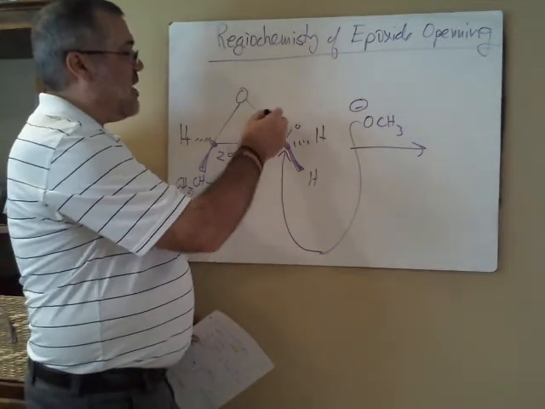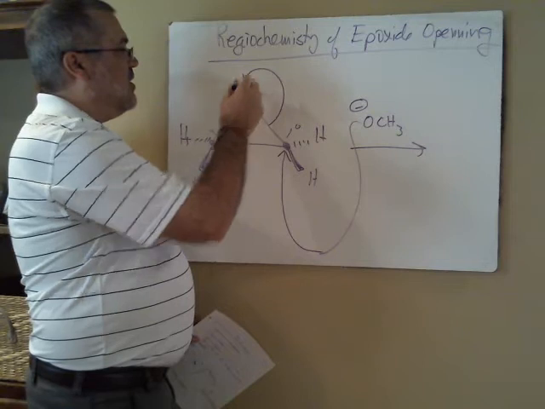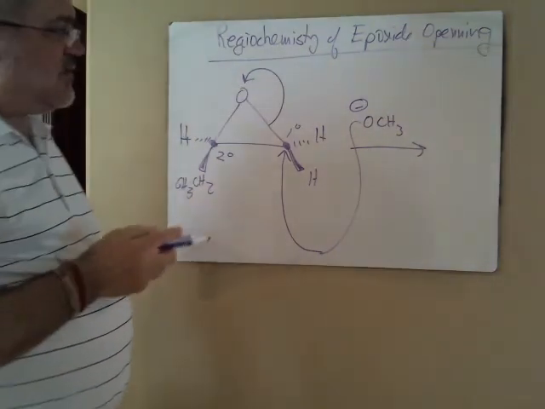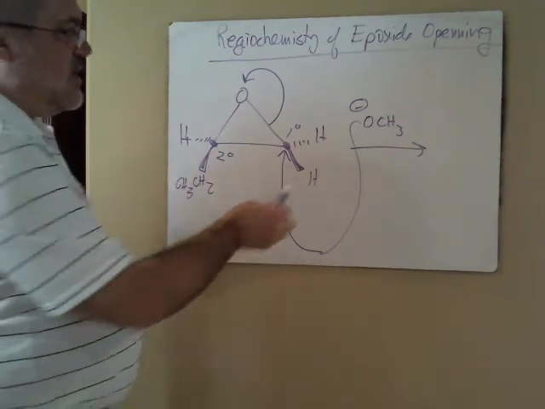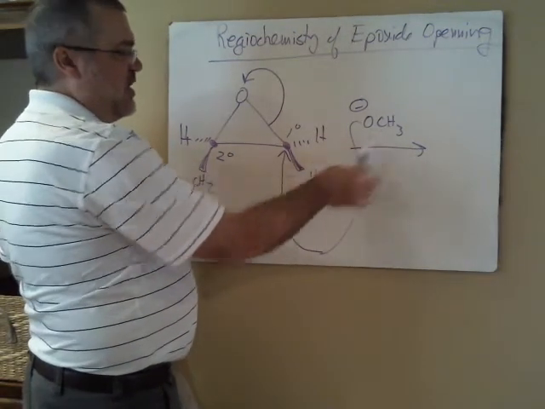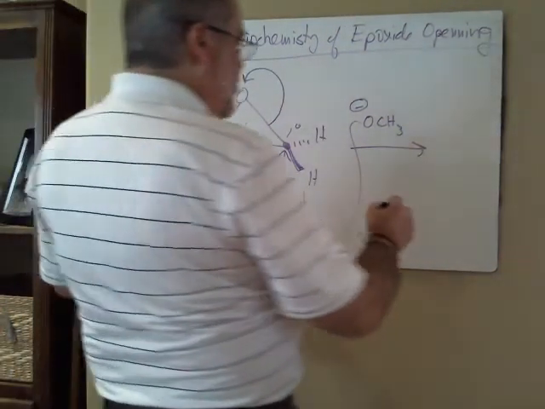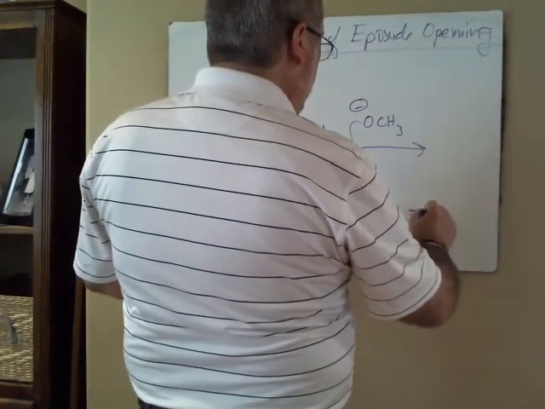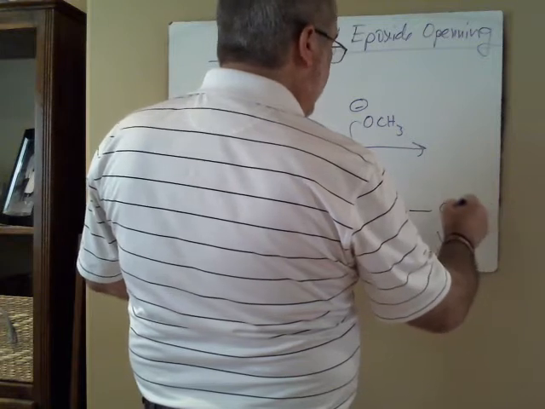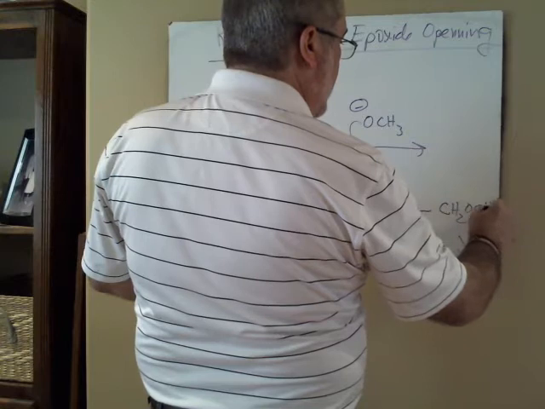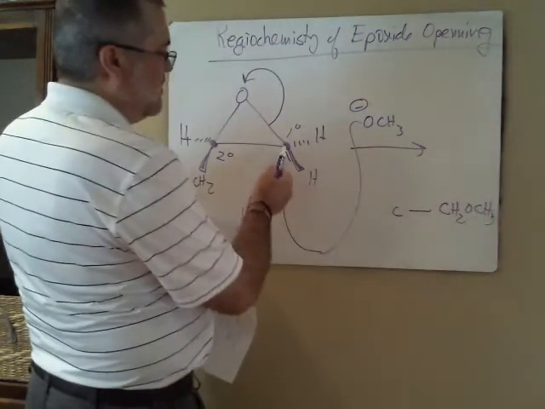And then it's going to break this bond, electrons moving up to the oxygen, right? And so the result of that is going to be the addition of the OCH3 to this side, okay? And so again, the end product, we don't have to look at it mechanistically, the end product is going to be what? We're going to have my OCH3 adding to this carbon.